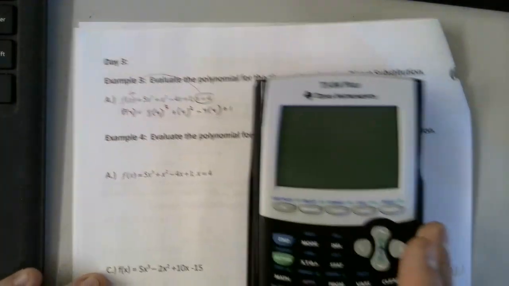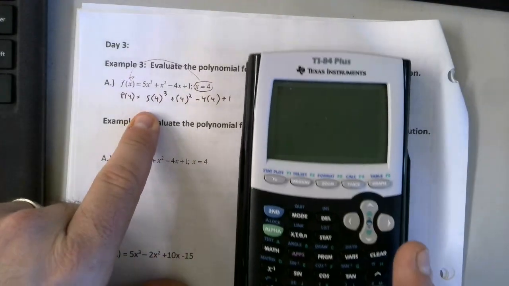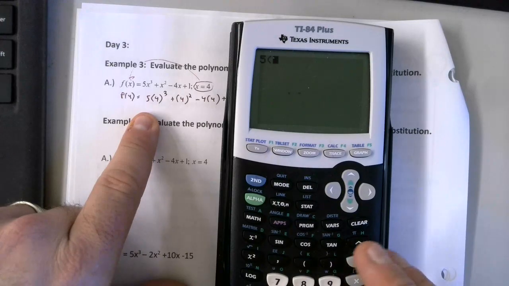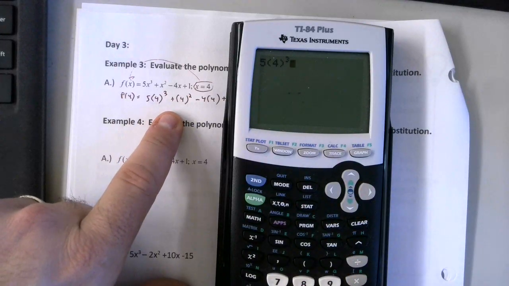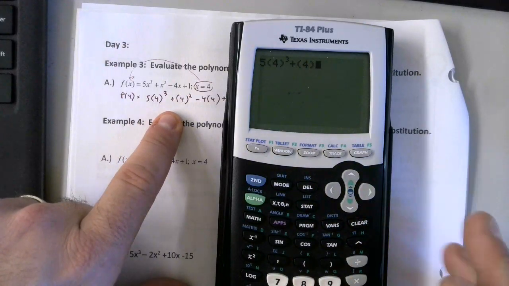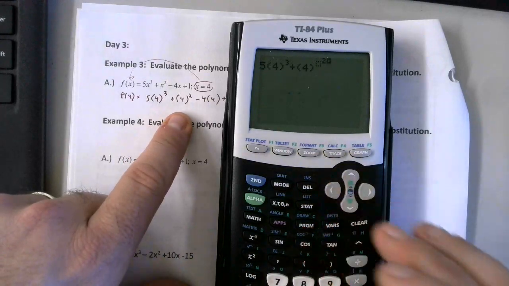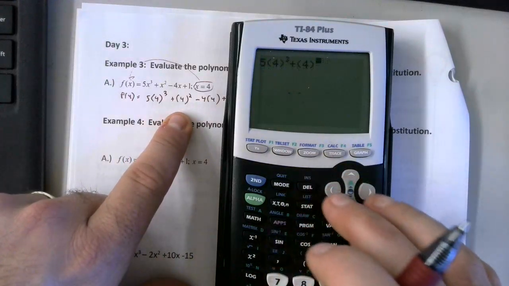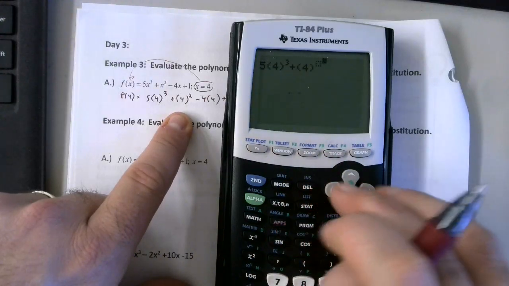You could, on your calculator, type each of these in with parentheses. That is one way to do this, and then I'll show you how to do it by hand also. You want to make sure it's typed in correctly.